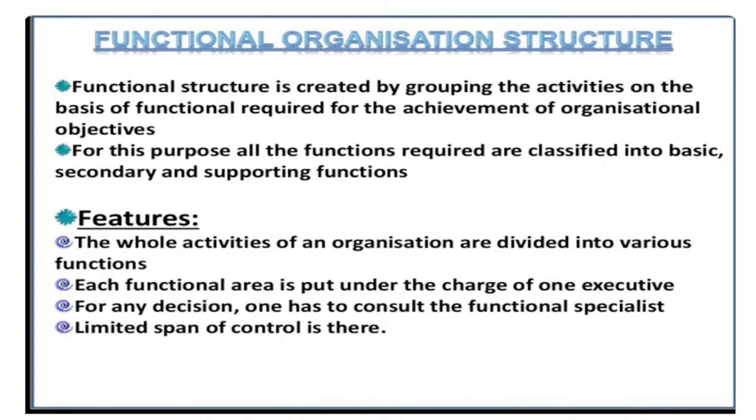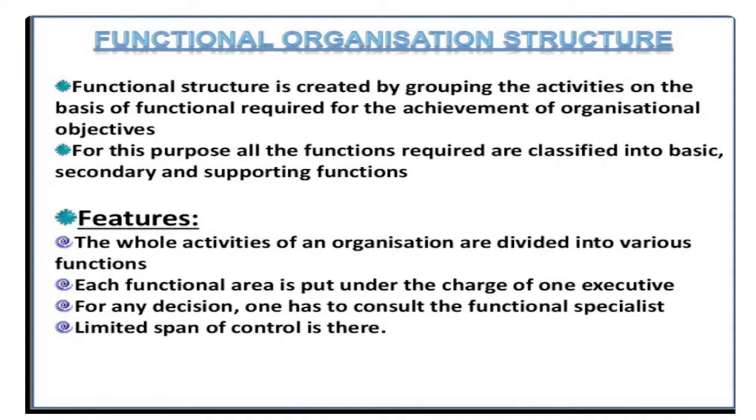Each functional area is put under the charge of one executive. So there is a production manager, a marketing manager, a sales manager, an accounts manager. One executive will be given charge.